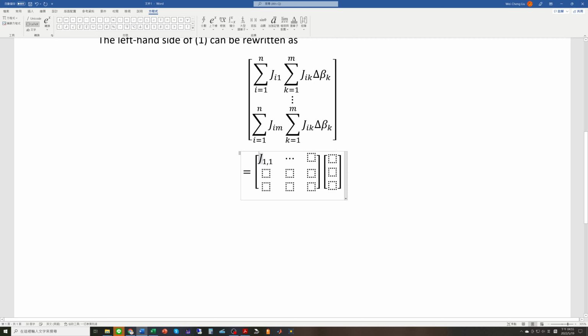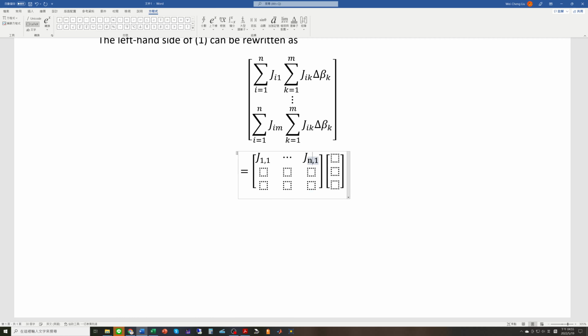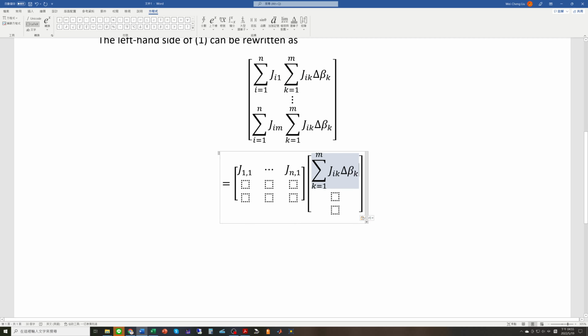So we only need to copy J11 to here and change the first index to n. Okay, and italic. And as for this vector, this vector should be this term, where i is equal to 1. So I only need to copy this term to here and change i to 1.